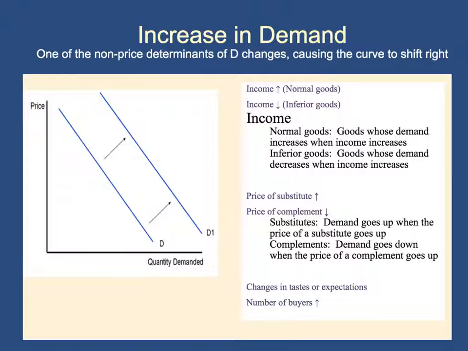And lastly, when the number of buyers increases, the market is going to demand more, shifting the demand curve to the right, just because, for example, two people demand more output than just one.